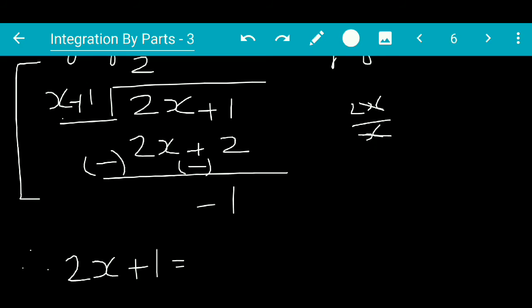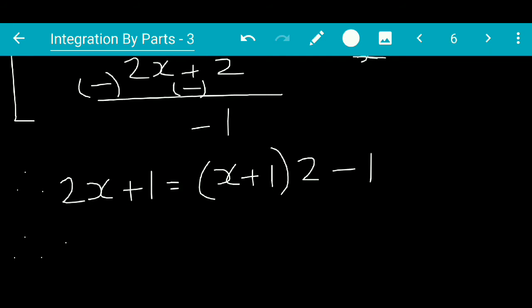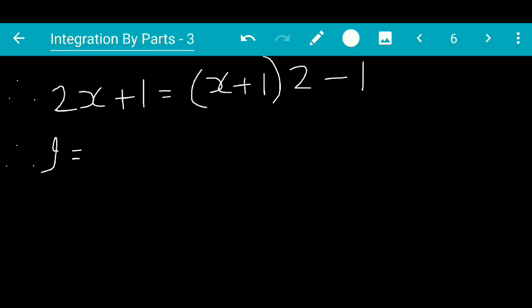Our divisor is x plus 1 and our quotient is 2. Remainder is minus 1. So the numerator can be written this way. And therefore our integral becomes like this. The first term in the integral is the same thing, that is x into log of x square plus x.